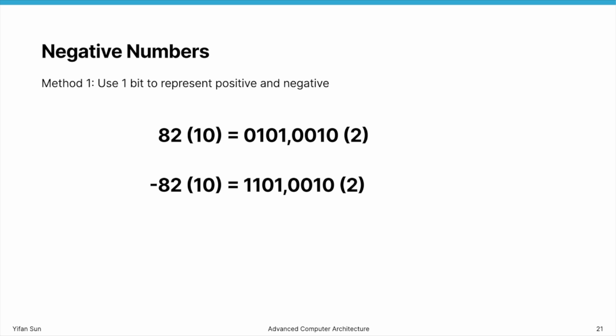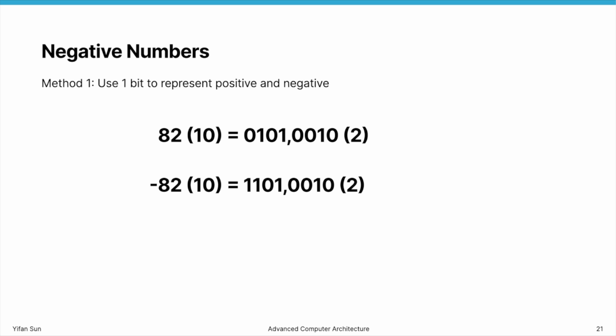So what's the problem with this design? The problem is we're duplicating 0, right? For 0, we have a positive 0 and a negative 0. We have 2 different ways to represent 0. And also, if we want to sum these 2 numbers together, we need a different set of circuits to calculate.